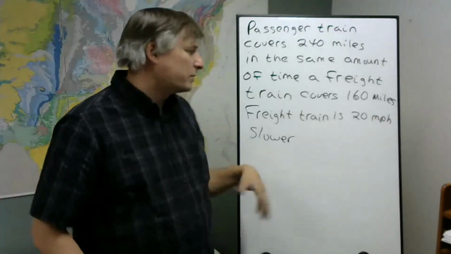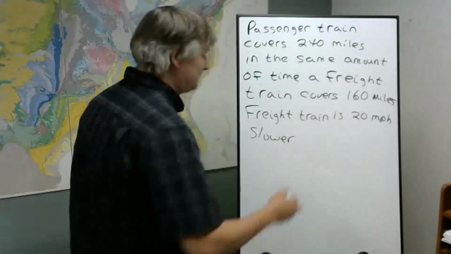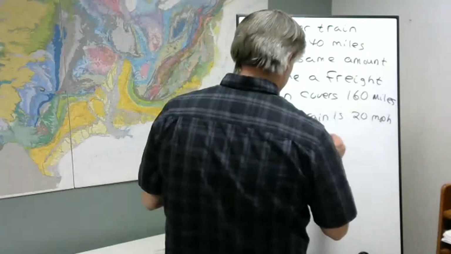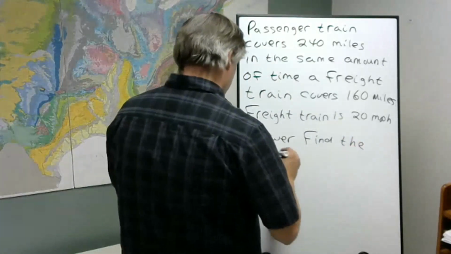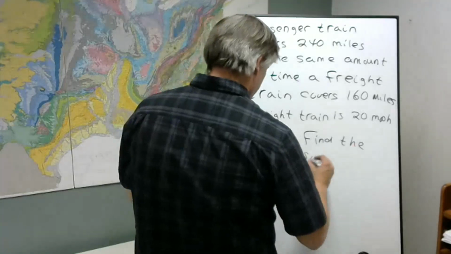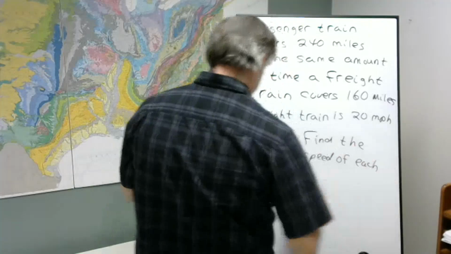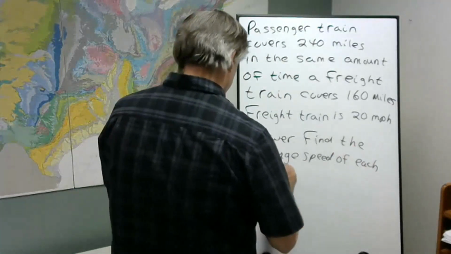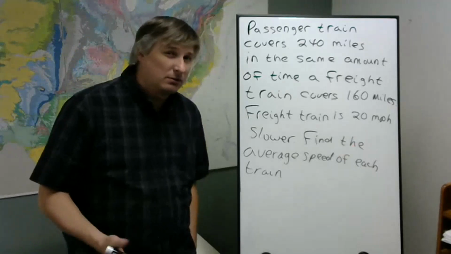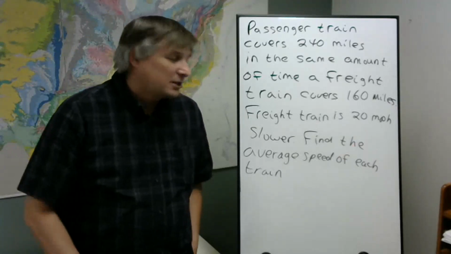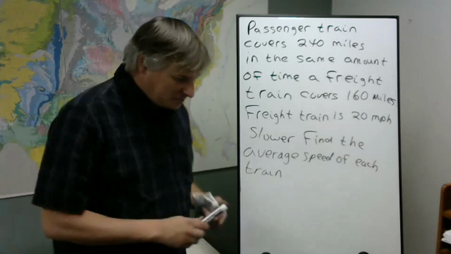What they want us to find are the rates of travel, or the speeds, for each of these trains. So that's the key thing. That's going to tell us what we're looking for. I'm going to go through the 4-step process.